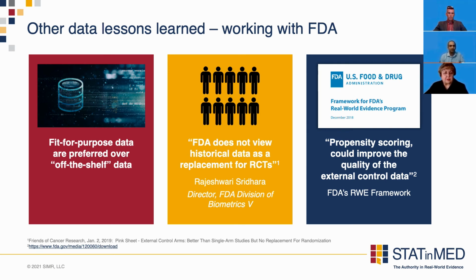However, historical control data is not a replacement for randomized controlled trials, but they can accelerate drug development. Although propensity scoring could improve the quality of the external control data that are used when randomization may not be feasible, or there are ethical issues involved, to provide adequate coverage of the covariates.